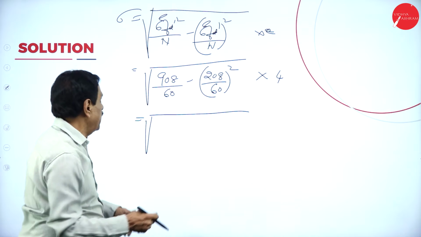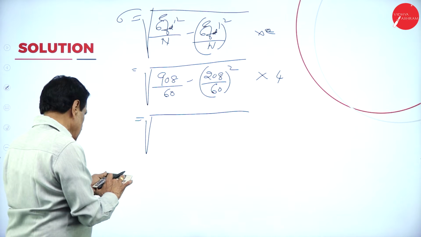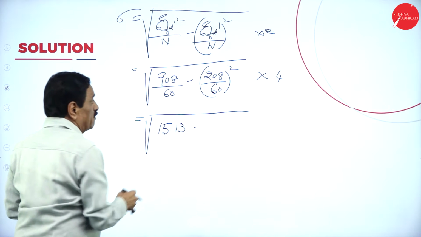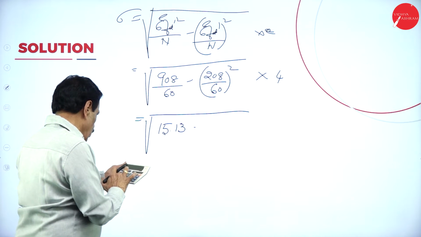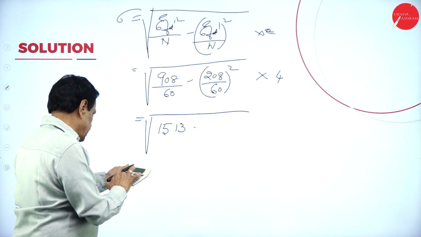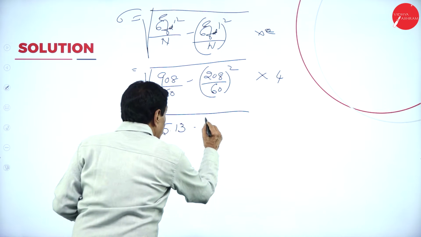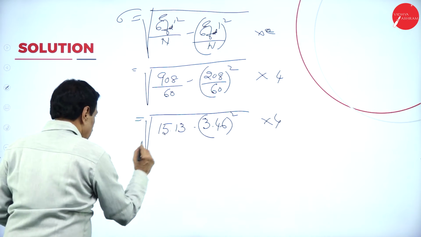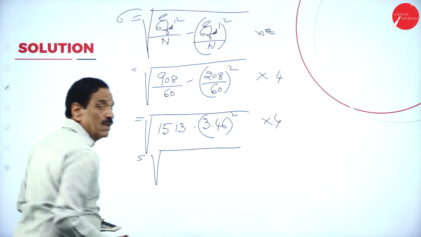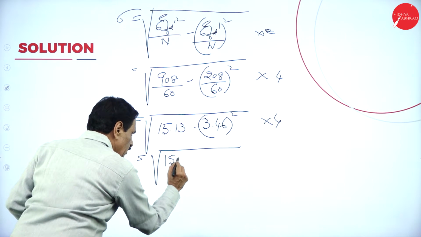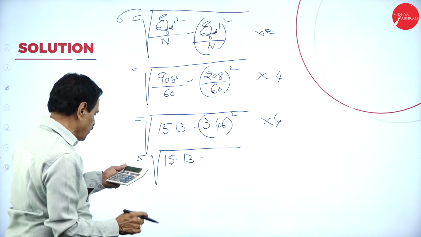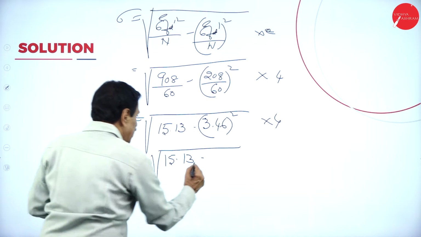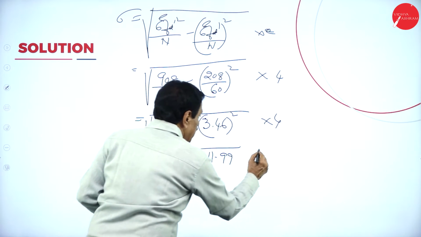So here 908 divided by 60 is equal to 15.13 minus 208 divided by 60 is equal to 3.46, whole square, into 4, is equal to root of 15.13 minus the square of 3.46, which is 11.99, into 4.